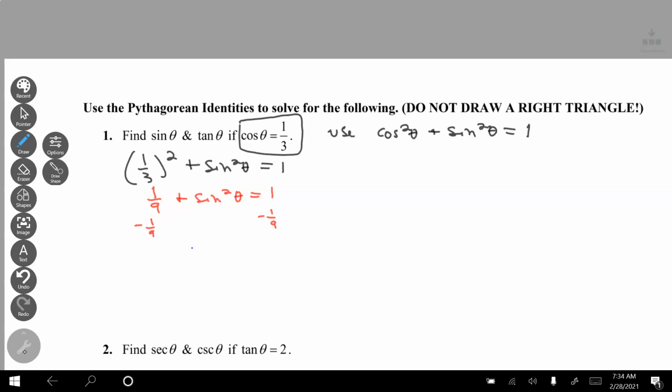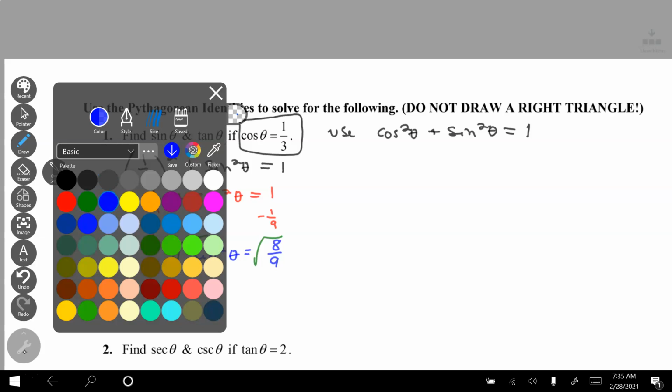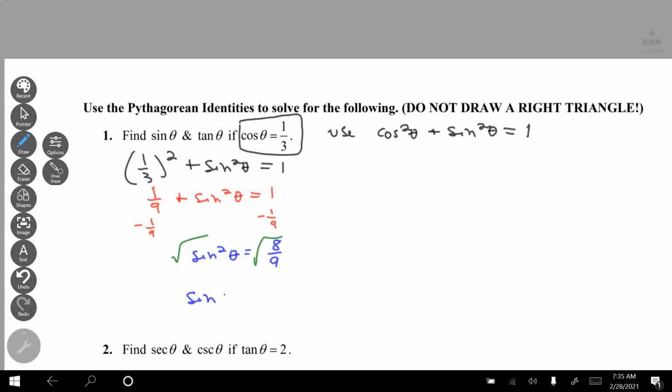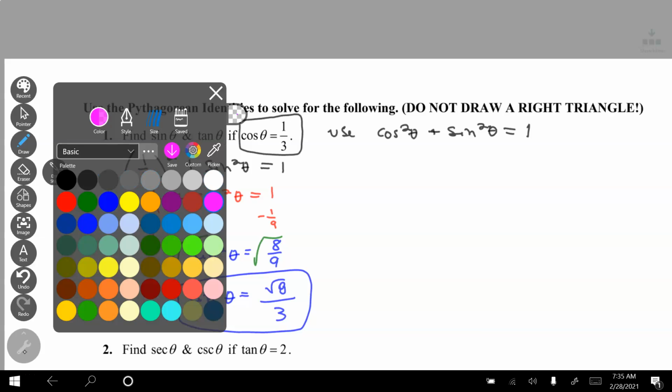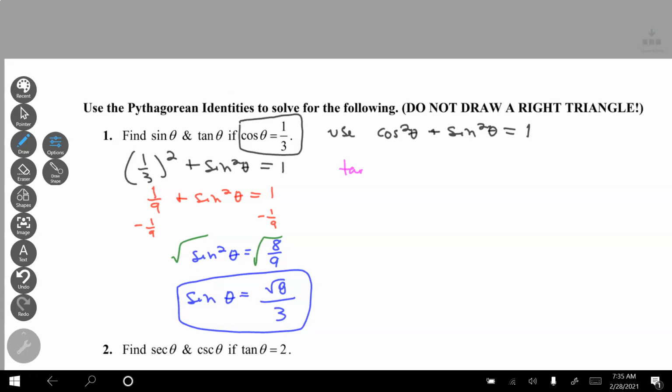and I have sine squared of theta is equal to 8/9, and then I could take the square root of it, and I get sine of theta is equal to the square root of 8 over the square root of 9, which is just 3. Now I have to figure out tangent. Well, tangent of theta is just sine of theta over cosine of theta, and I have both of those quantities right now.